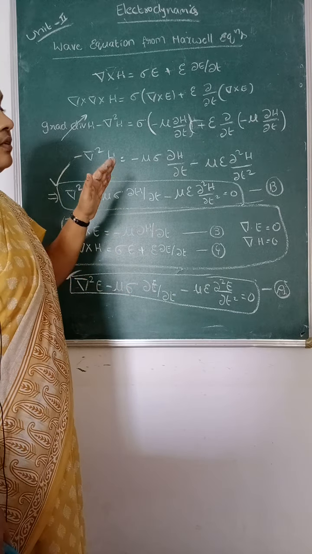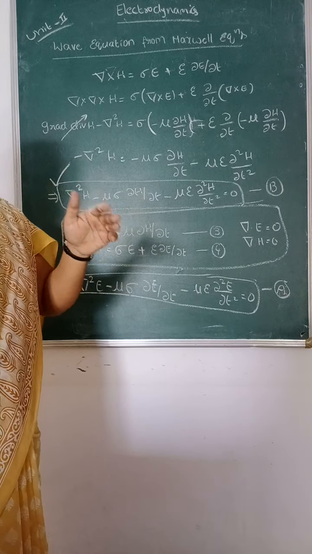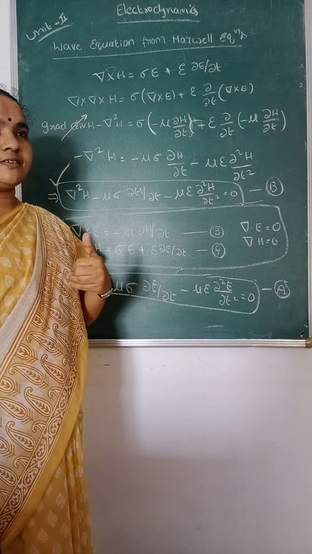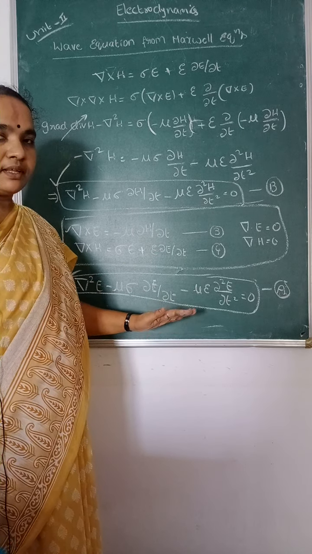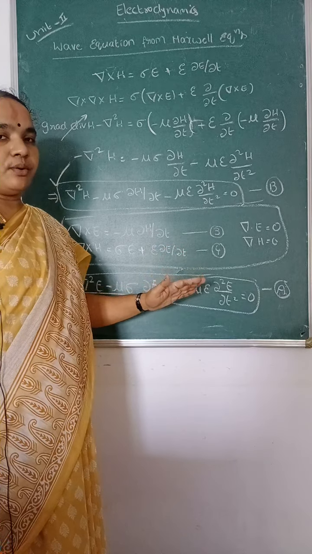The main application of Maxwell's equations is that we can derive the wave equations for different electromagnetic waves in different media. This is one of the applications of Maxwell's equations in an isotropic medium.